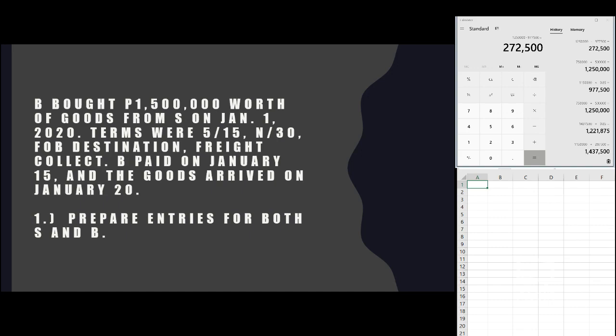The terms were 5/15 N/30 FOB destination freight collect. B paid on January 15 and the goods arrived on January 20. So, dahan-dahanin natin to. Medyo maraming nangyari, but we have to simplify things kung what really happened step by step.